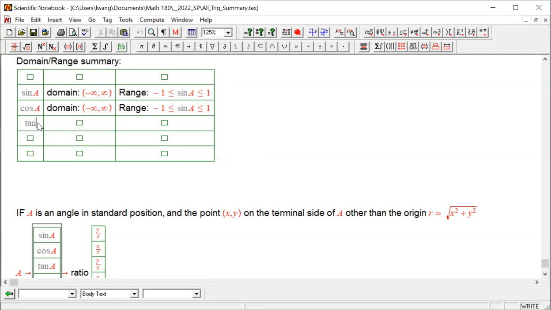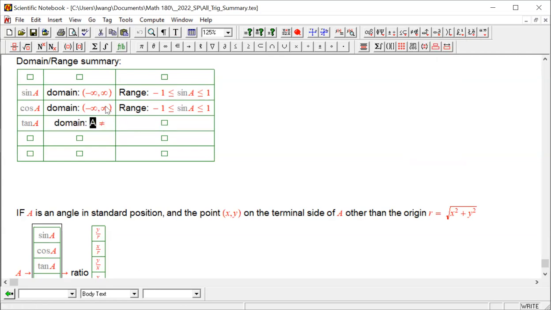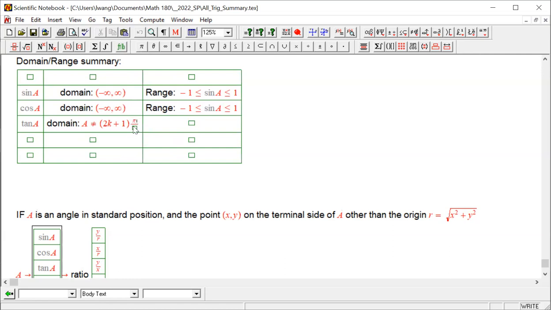Tangent. Domain: the angle can be any real number, but not odd number multiples of pi over 2. So (2k plus 1) times pi over 2. It cannot be odd number multiples of pi over 2.